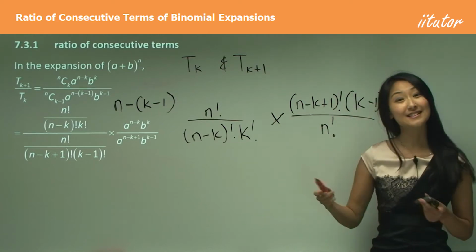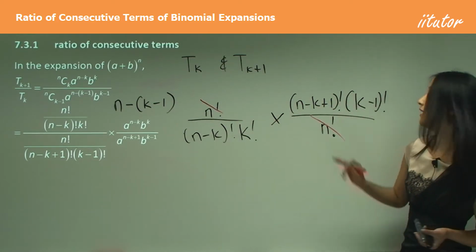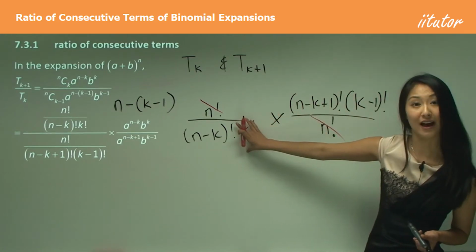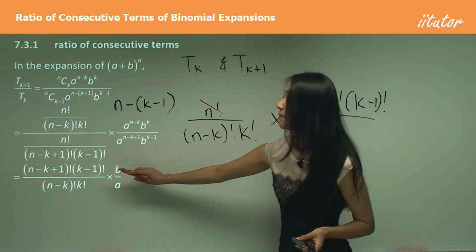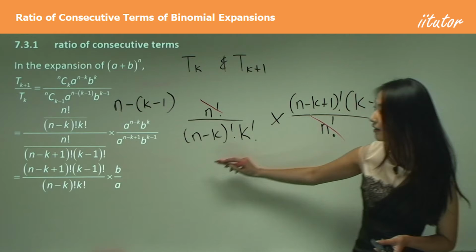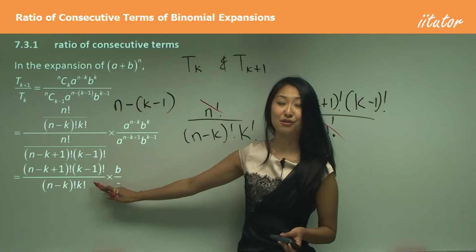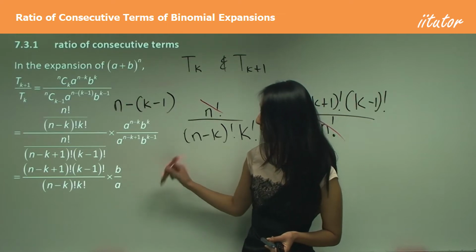So then you can see that this and this cancel out, and that just goes on top of that, right? And that's how you get n minus k plus 1 factorial, k minus 1 factorial, yeah, on n minus k factorial there, okay? Multiplied by b on a.